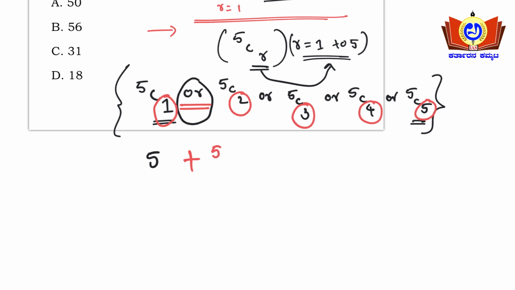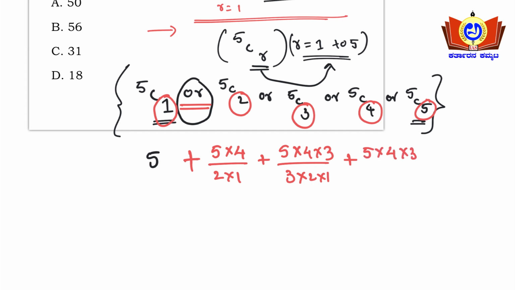Okay, so what is 5C2? That is 5 should be reduced 2 times, so 5 into 4 upon 2 into 1. Okay, so plus 5C3, 5 should be reduced 3 times, 5 into 4 into 3 upon 3 into 2 into 1. So plus 5 should be reduced 4 times, so 5 into 4 into 3 into 2 upon 4 into 3 into 2 into 1.